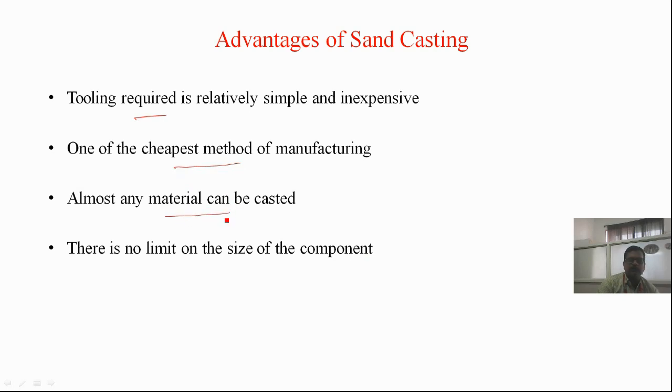Almost any material can be cast. You can do it for the iron family, or aluminum, copper, bronze, or even plastics. There is no limit on the size of the component. Practically there is no limit. You can start from a component weighing a few grams to a component weighing several tons.